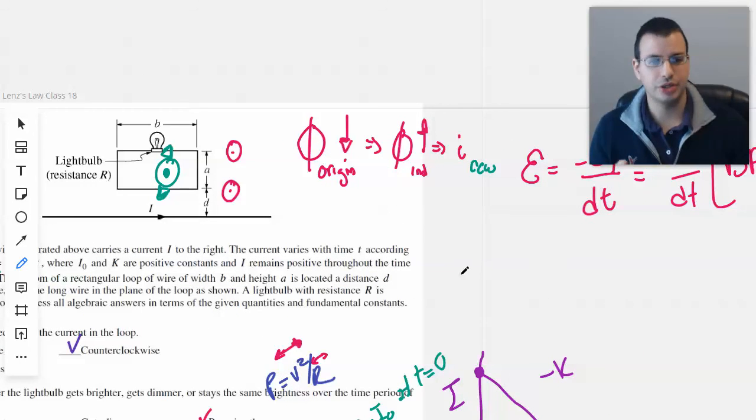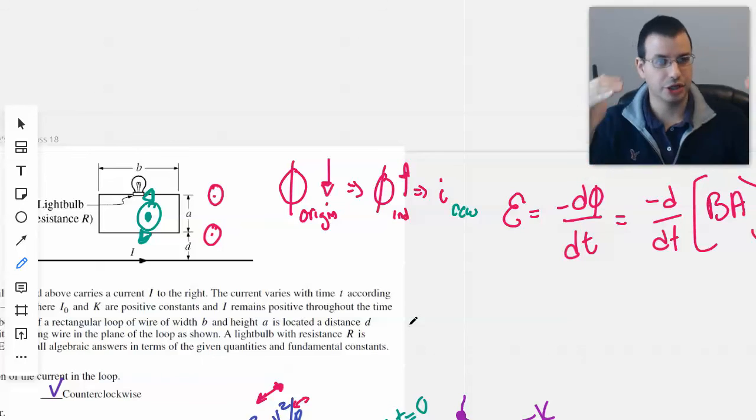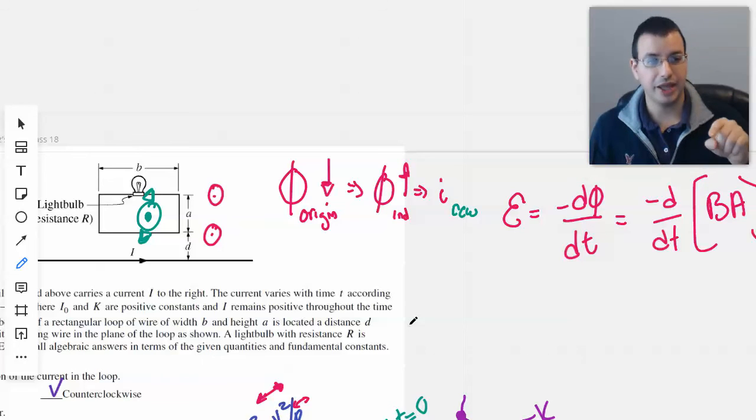So use Lenz's law, the voltage equals negative d flux dt. So you have a flux that's created by the wire, which is out of the board. That is getting weaker because the magnetic field is getting weaker because the current is going down. That weaker magnetic field is going to be compensated by a current that's induced.